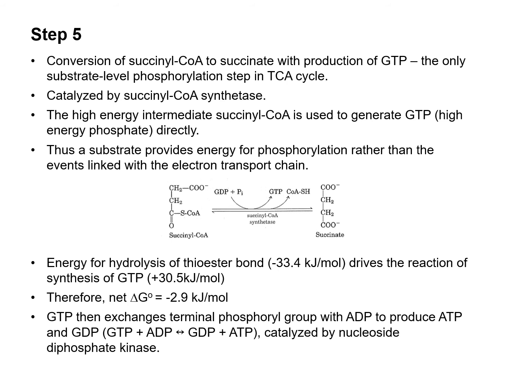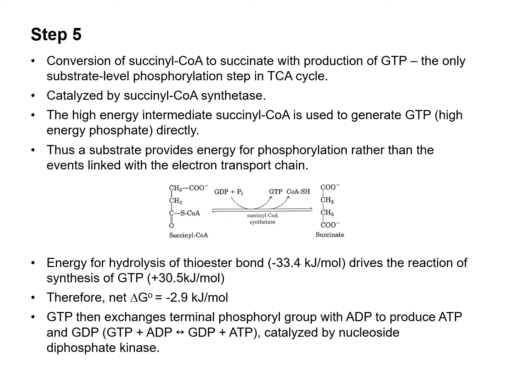Thus, a substrate provides the energy for the phosphorylation rather than the events linked with the electron transport chain for respiration. And this is why it is called substrate-level phosphorylation.